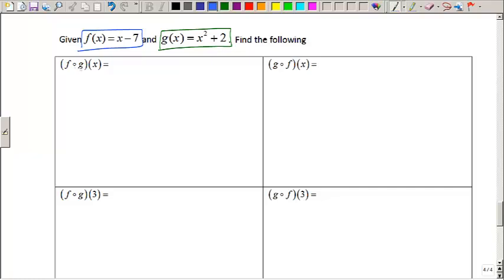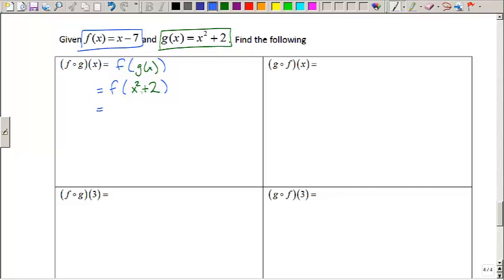So for f of g of x, I'm going to rewrite this as f of g of x. I'm going to take out the g of x, and instead of g of x, I'm going to replace what g of x is equal to in its expression form, which is x squared plus 2. Now I would like to find f of this expression. We actually have found f of expressions in a previous lesson.